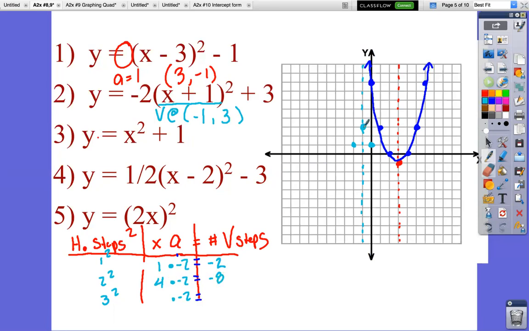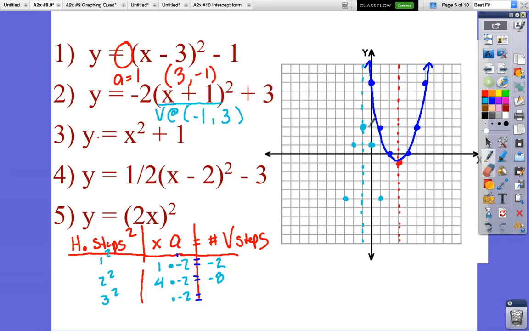So again, if I take 2 steps left or 2 steps right, I have to go down 1, 2, 3, 4, 5, 6, 7, 8. 1, 2, 1, 2, there you go. So we're using everything we know. By the way, this last one is probably not going to fit on the graph. But let's just practice seeing what the value would be.